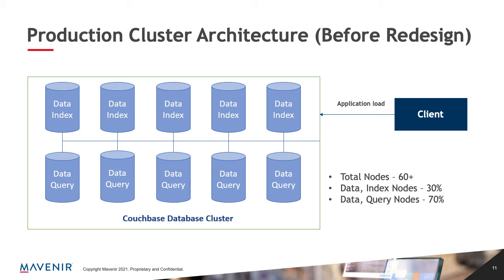The architecture followed in the Mavenir deployment strategy is that a Couchbase cluster with 6 or more nodes will follow MDS architecture, where a few nodes in the cluster run the data and index services and the remaining nodes run the data and query services. The cluster comprises nodes with 8 vCPU and 32 GB RAM.